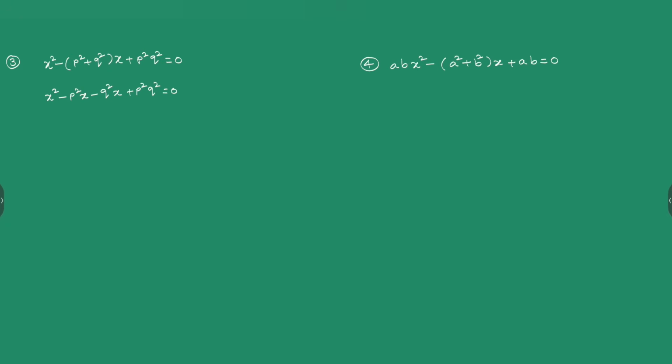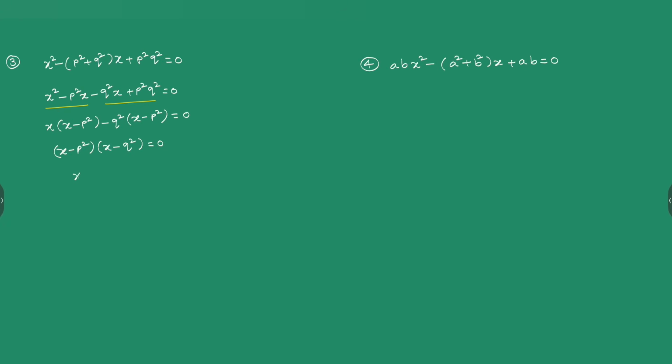So in the first two terms we have x common, in the next two terms we have q square common. So you take x common, then x minus p square, minus q square common, again x minus p square, because we have taken minus common, inside the brackets it will be x minus p square is equal to 0. So x minus p square common again: x minus p square into x minus q square is equal to 0.